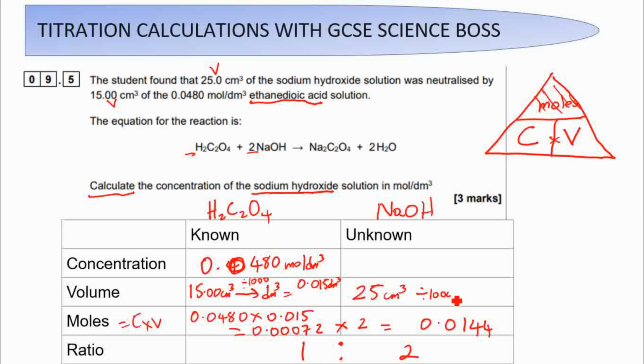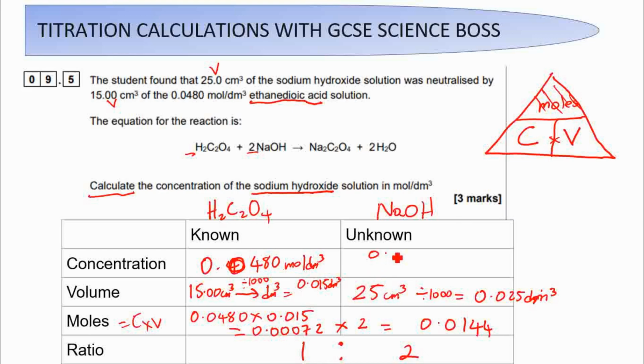We need to divide by 1,000 because we're changing it to dm cubed, which gives me 0.025 dm cubed. Then we need to find concentration, which is moles divided by volume.